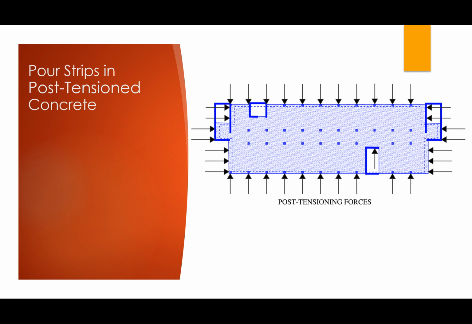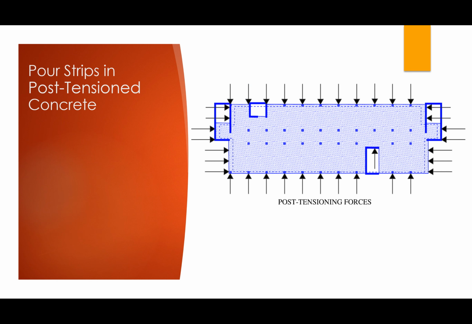The first of which is just to put a uniform compression stress into the slab in both directions, right? And this pre-compression force, or rather post-tensioning force, is very significant.